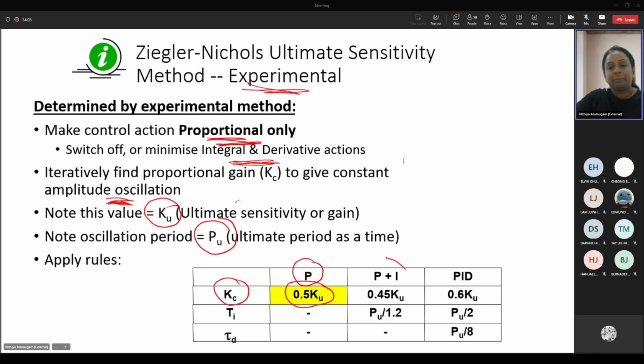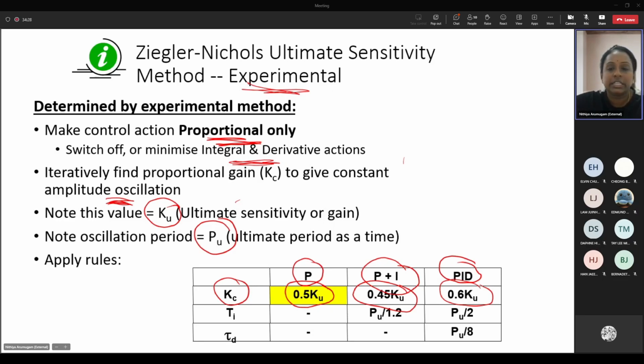For proportional and integral, the controller gain will be 0.45 KU. KU means ultimate gain. And for the PID controller, it will be 0.6 KU. So these are the rules of thumb for us to express the controller gain.